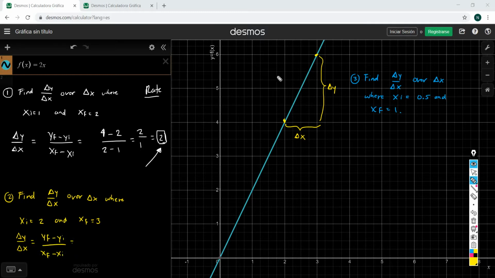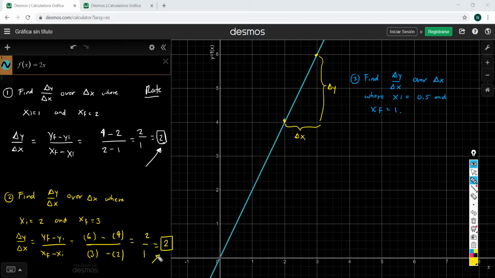And what is my yf? In this case it is 6. This is the final value of y, and the initial value is 4. And in x, we have the final value 3 and the initial equal to 2. So 6 minus 4 is 2, 3 minus 2 is 1, and we have once more 2.